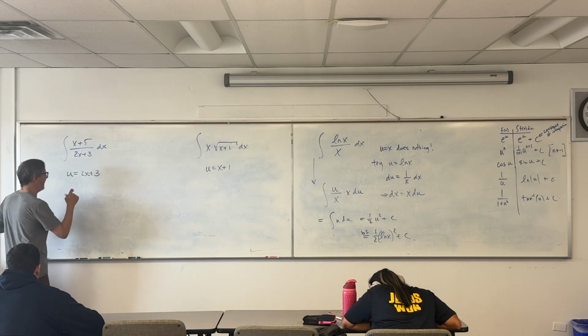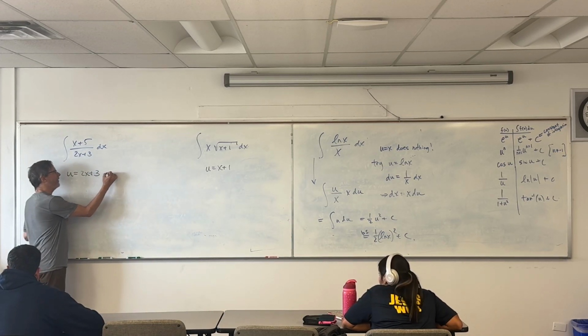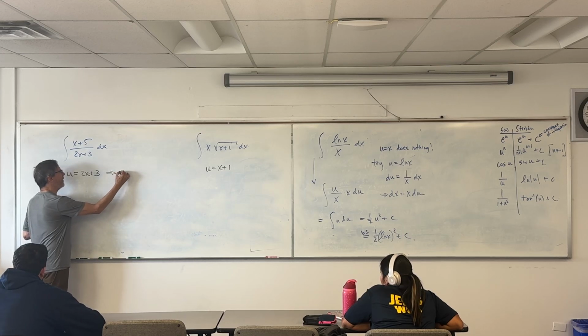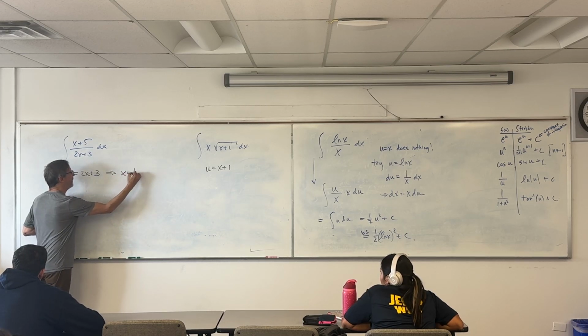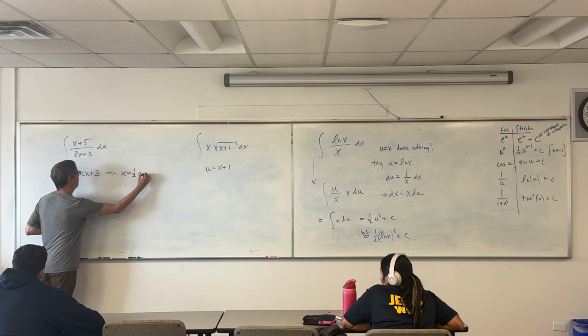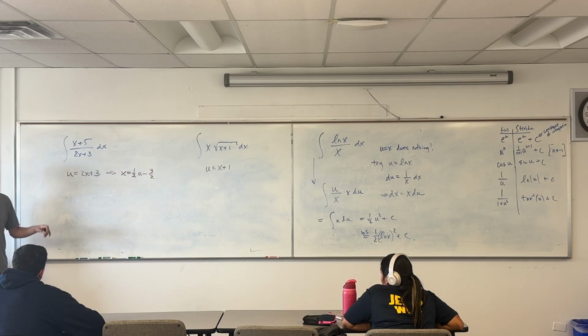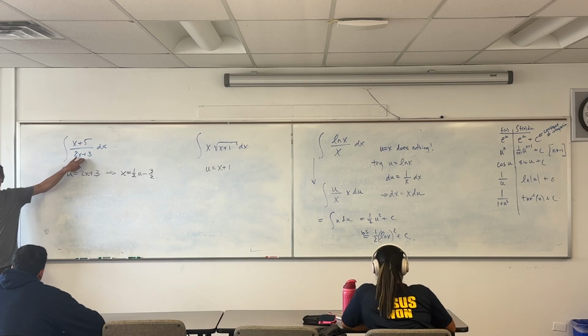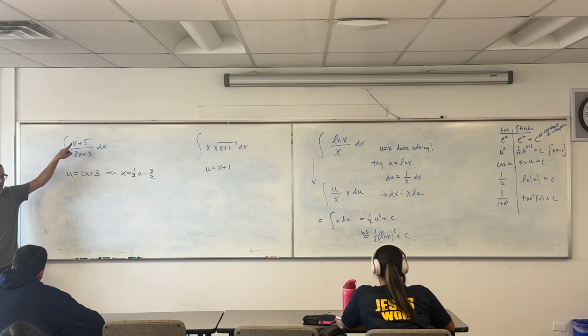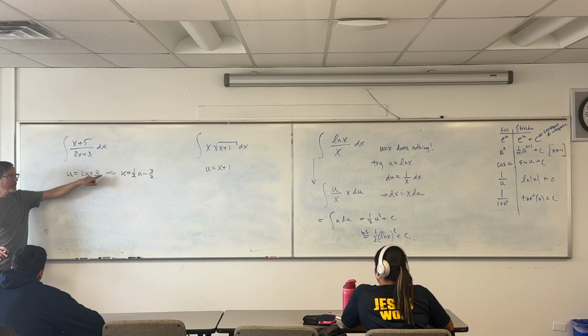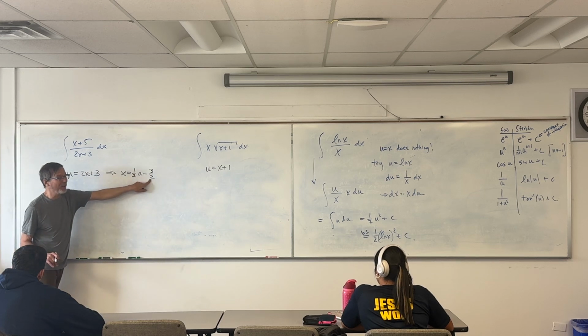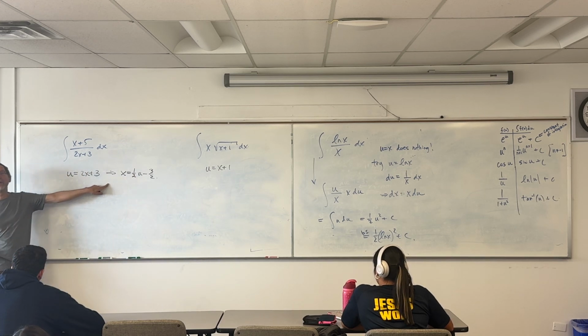And I do have a hint, and this is what I meant, that once you have this, you also know that x is this if you were to solve for x. So let's say you let this whole denominator be u. Still got an x floating around in the top, but what if you rewrote that top in terms of u?